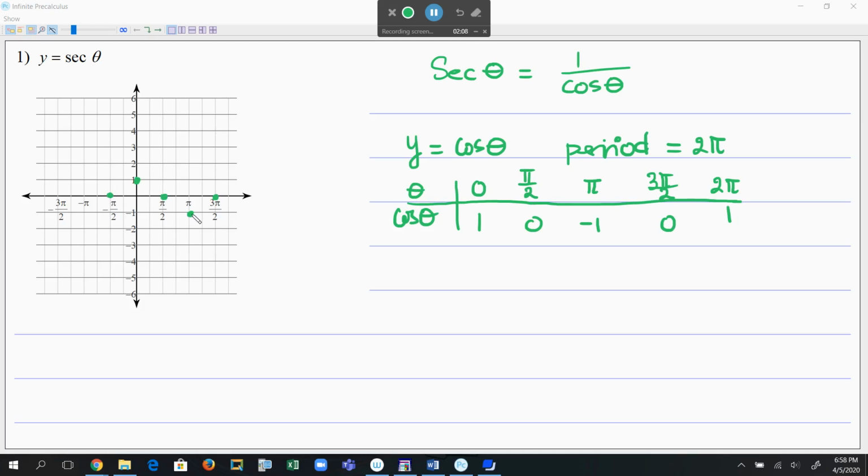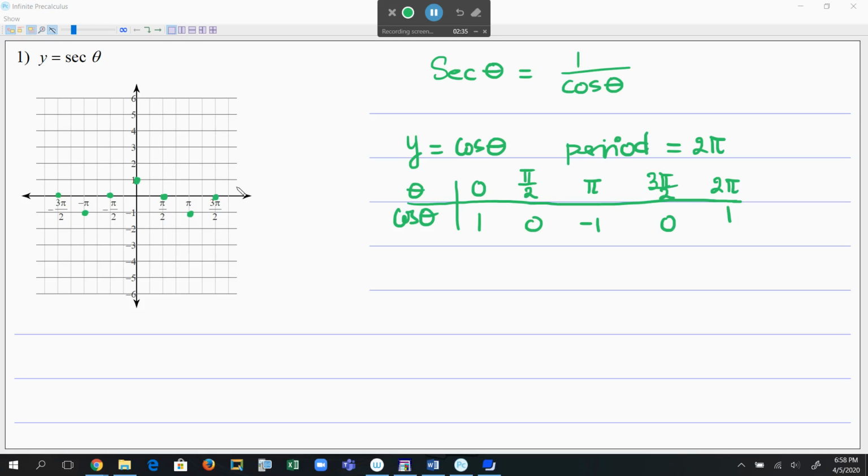And pi, negative 1 will be negative pi, negative 1. And negative 3 pi over 2 will be 0. These points will help us graph the cosine. Now you can see that this is more than one period.